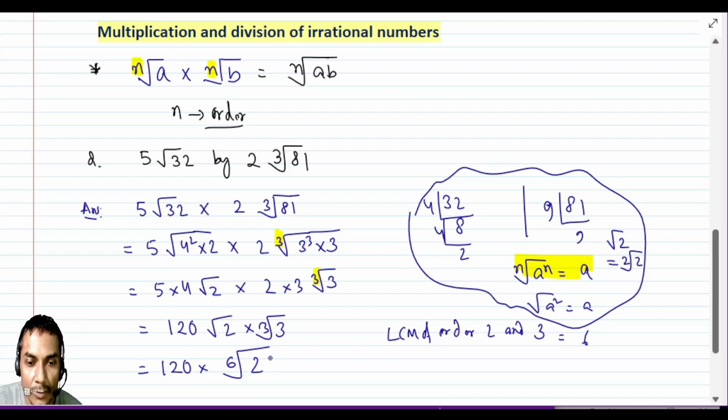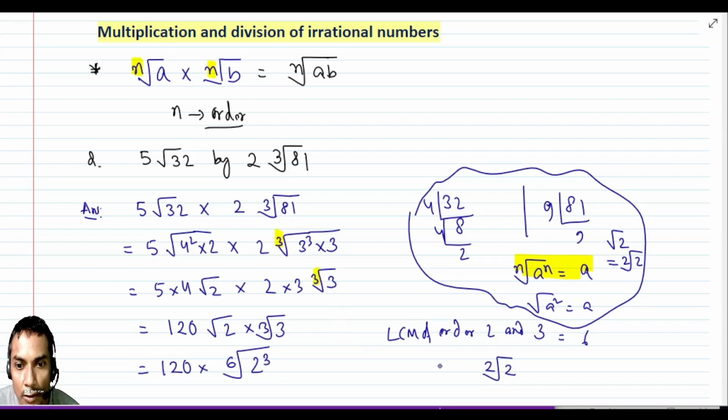You have considered the 6, then you have to add the 3. Why? It is a very, very important concept, because root 2 means, already I told you, 2 root 2.